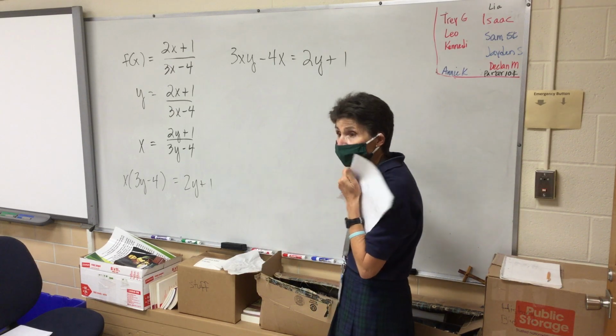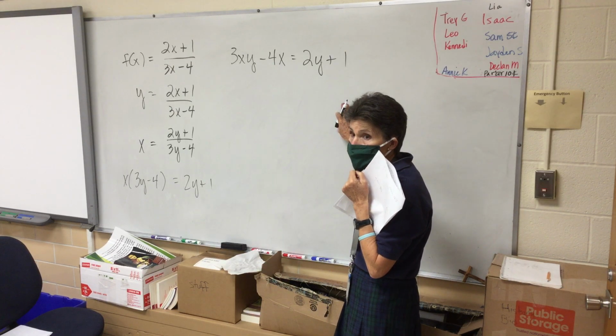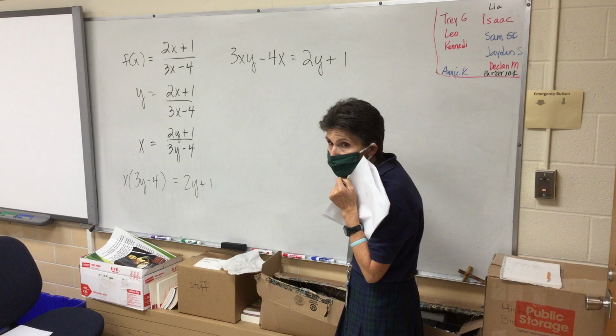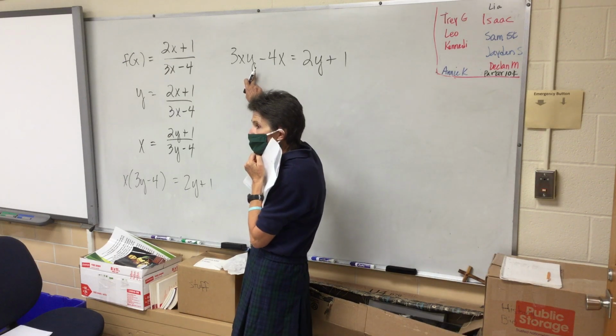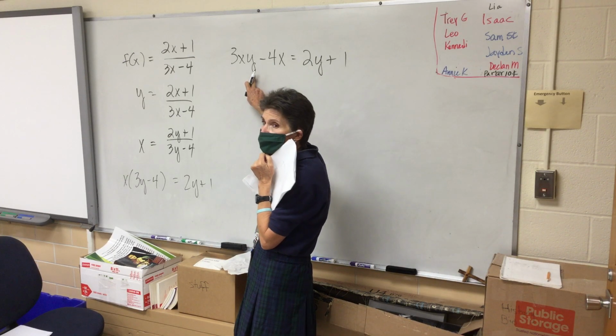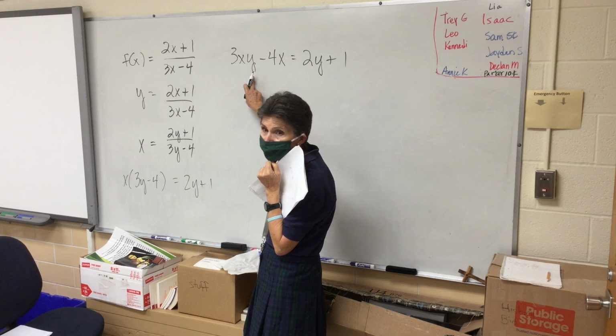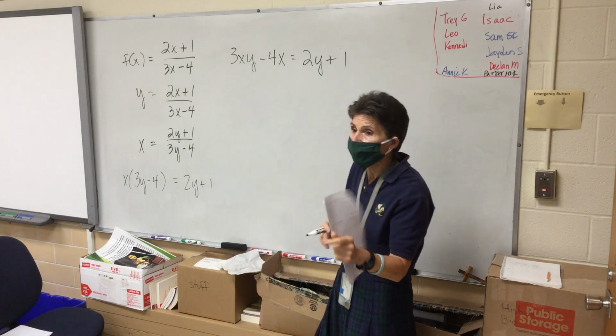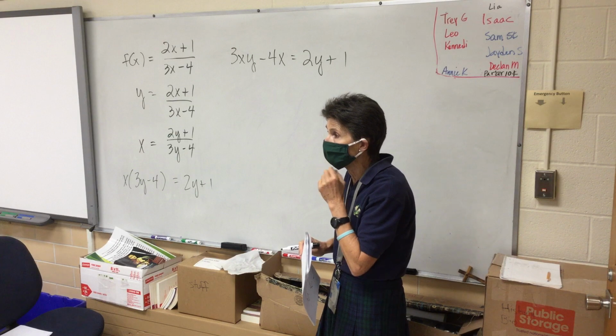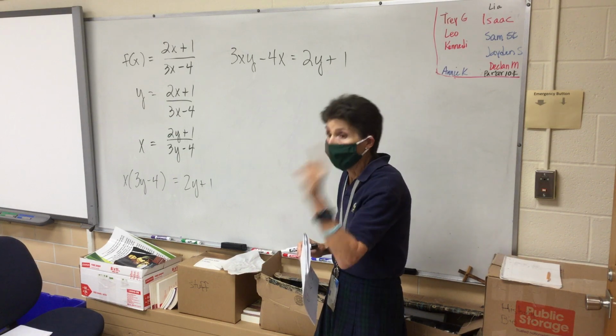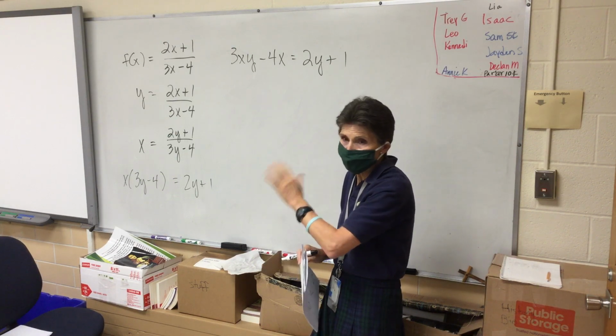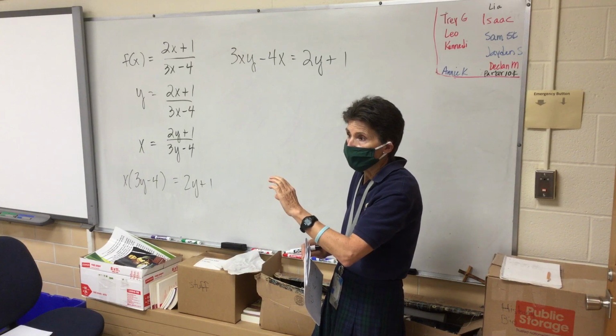Will y be by itself? Yes. But the problem is right there. There's a y on the other side. And when we say get y by itself, we mean y equals, no more y's, just y equals.